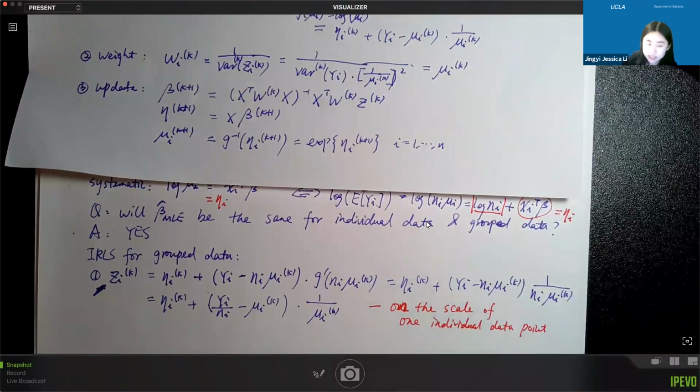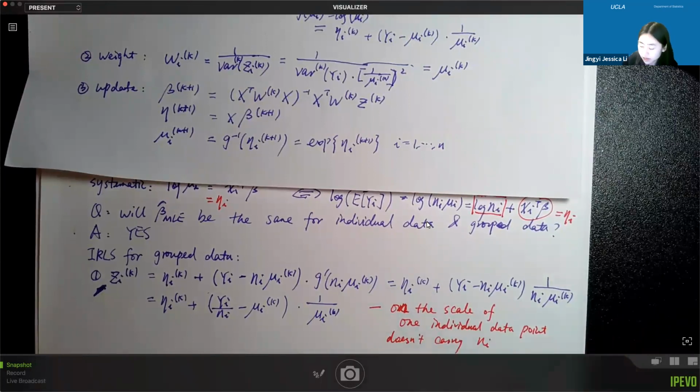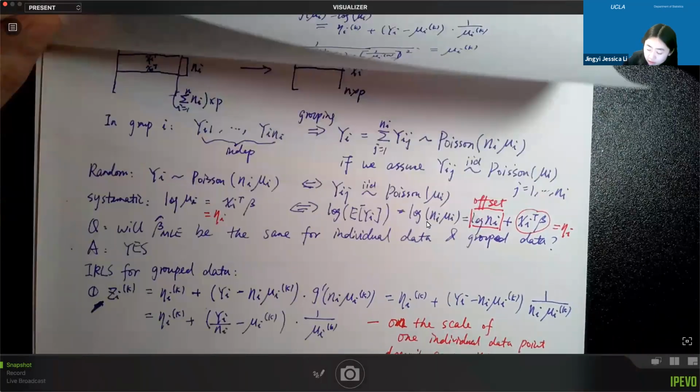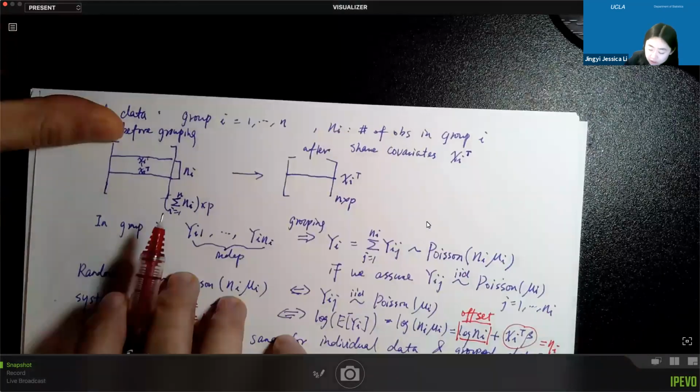In other words, it doesn't carry n_i with it. And you can see from the combination here, when we do the combination, we just take each x_i to be the row.